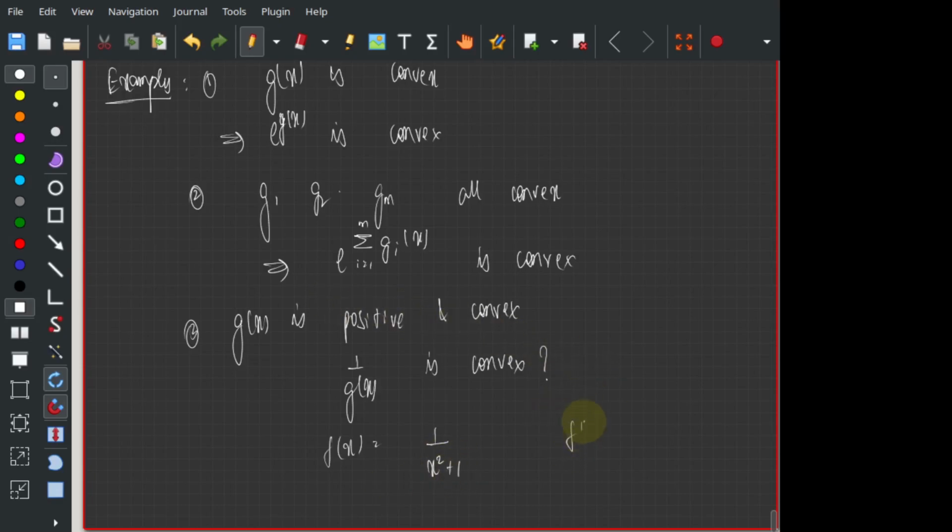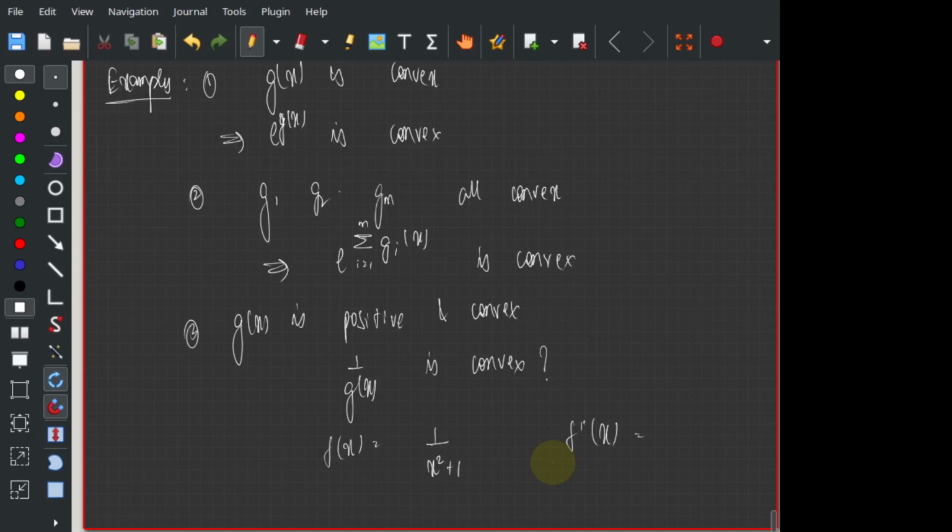What is the second derivative of f? It is something negative at x equal to 0. Okay, how do you say that? Because I know the shape. Yeah, we are looking at the shape of the curve.